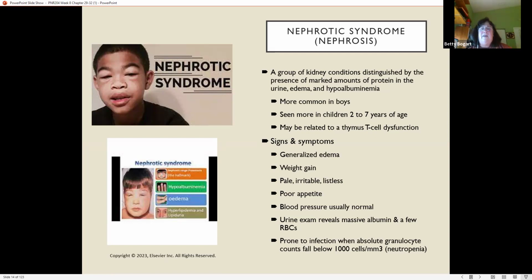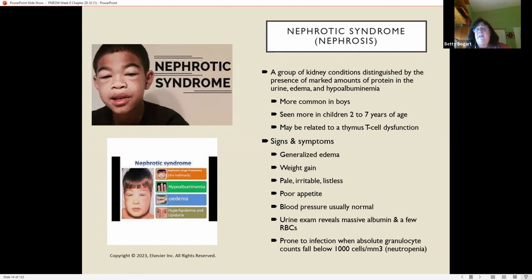And one of the ways that we at home will teach our parents, they're not going to measure intake and output. They just don't get that like a nurse does. We're a little OCD with that, not at home. It's the weight on the same scale, same time every morning before breakfast is the best time.